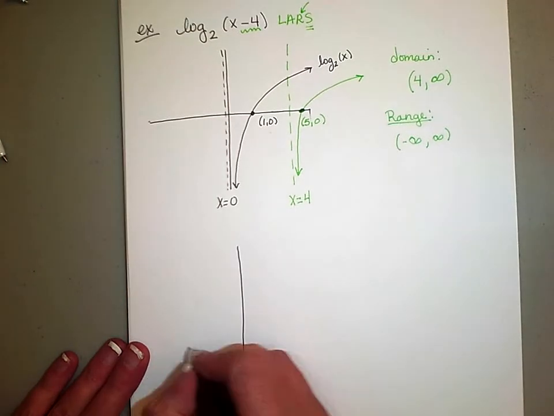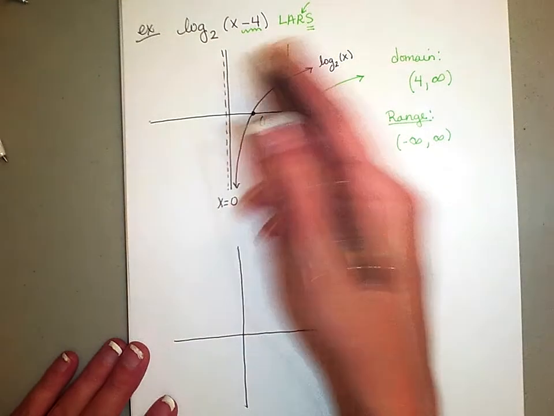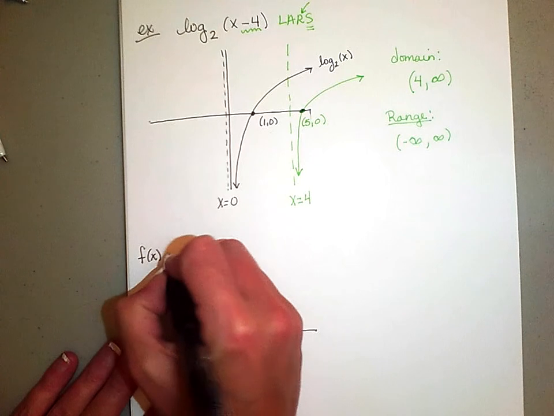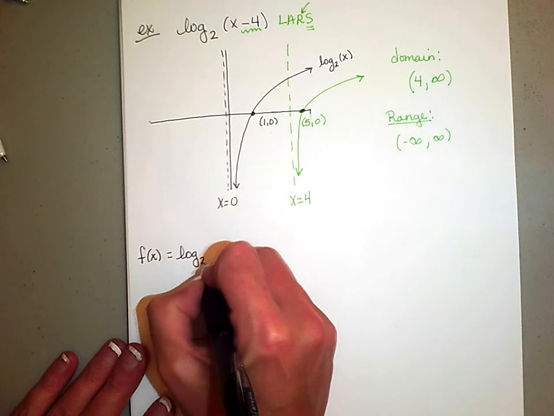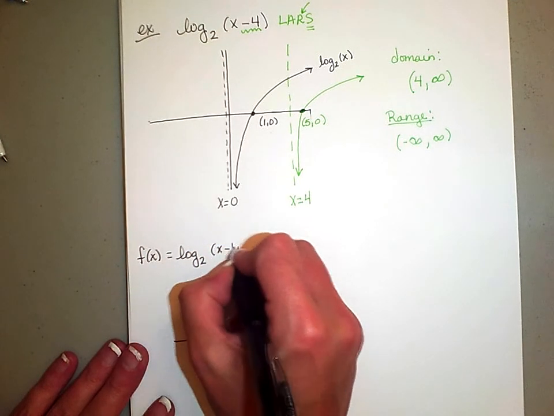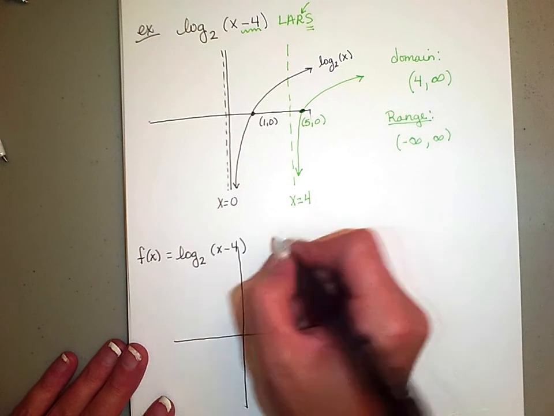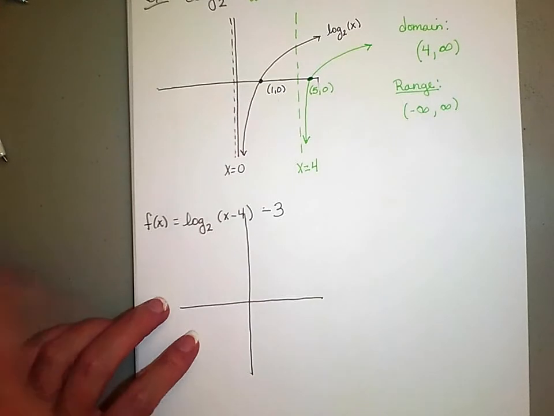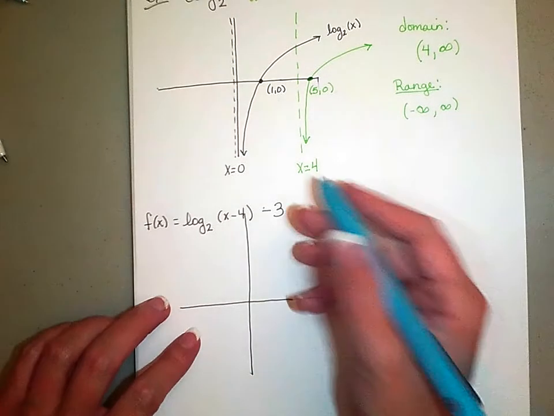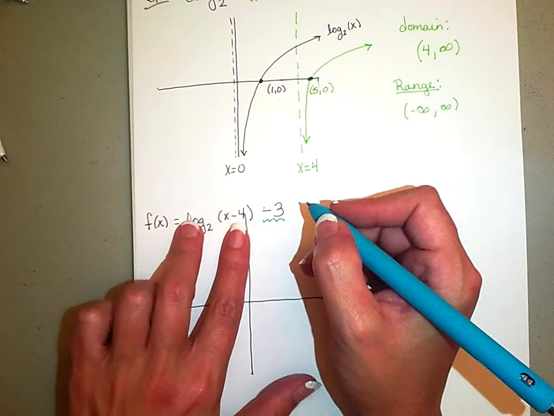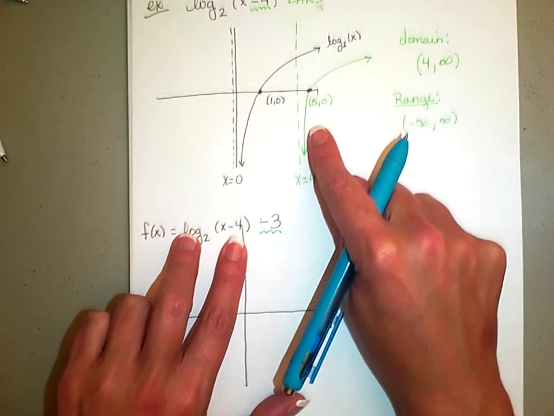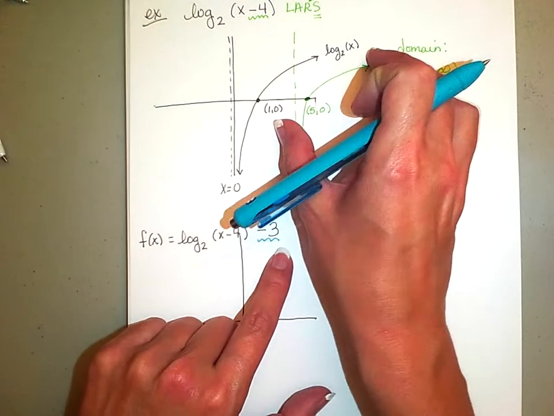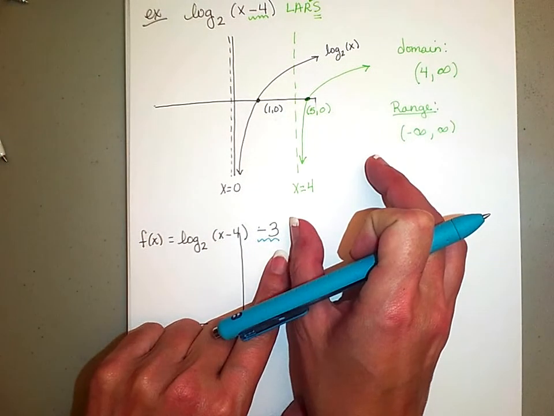I could also then look at what if I had our function be f of x is the log base 2 of x minus 4, minus 3. So this first part is our green graph, but now I'm going to subtract 3, so this entire graph needs to shift down 3 units.